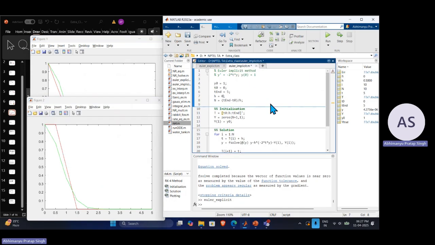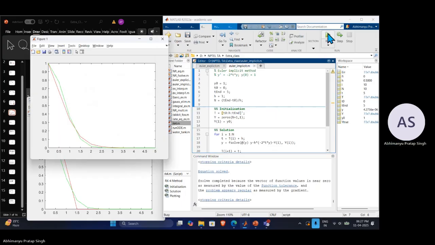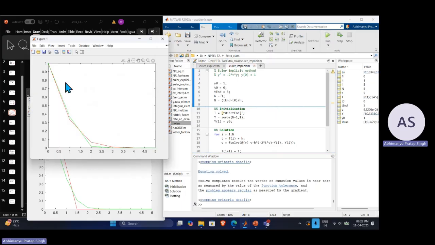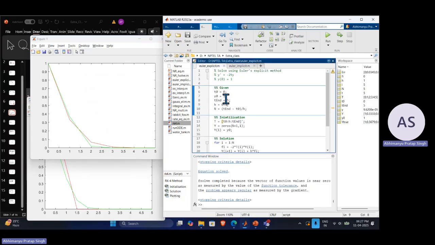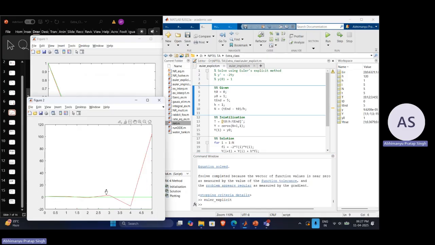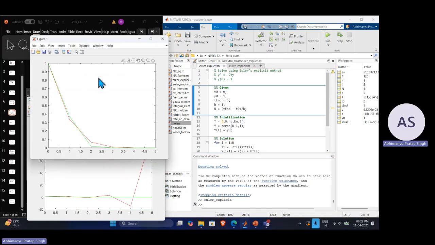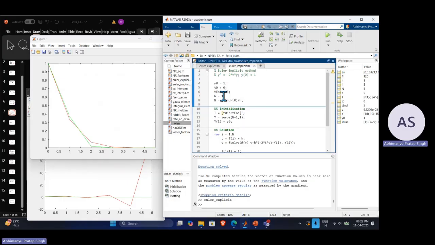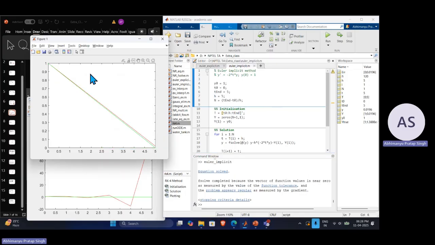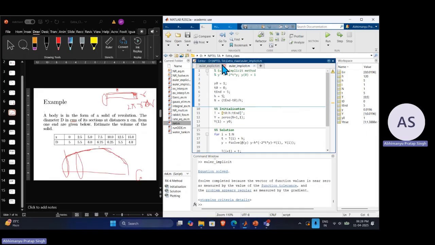Now, if we make h equal to 1, it's a good approximation. In 1 for this, I think it was becoming unbounded. Yes, for 1, this becomes unbounded, but it's still giving me a good approximation. Similarly, if I make this 5, it will still give me a pretty good approximation. So that is Euler's implicit and explicit method.